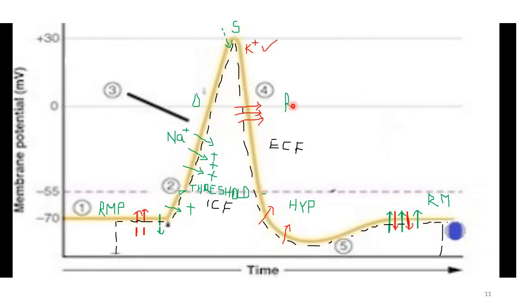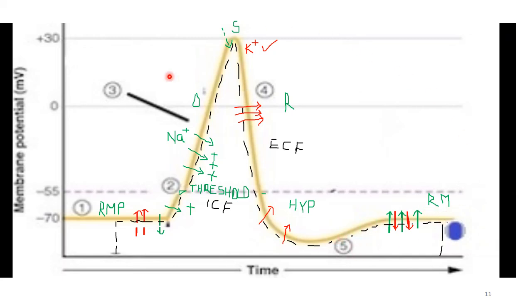So what will happen? There is more concentration of potassium outside, and this will continue even after the resting membrane potential, as the channels remain open. So the potassium ion concentration becomes more here, creating much negativity. Then phase 5 is attained again, from hyperpolarization to the resting membrane potential.